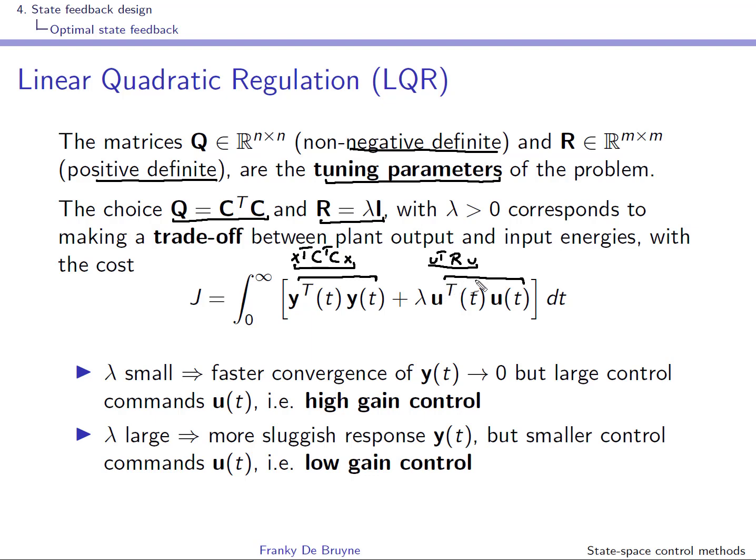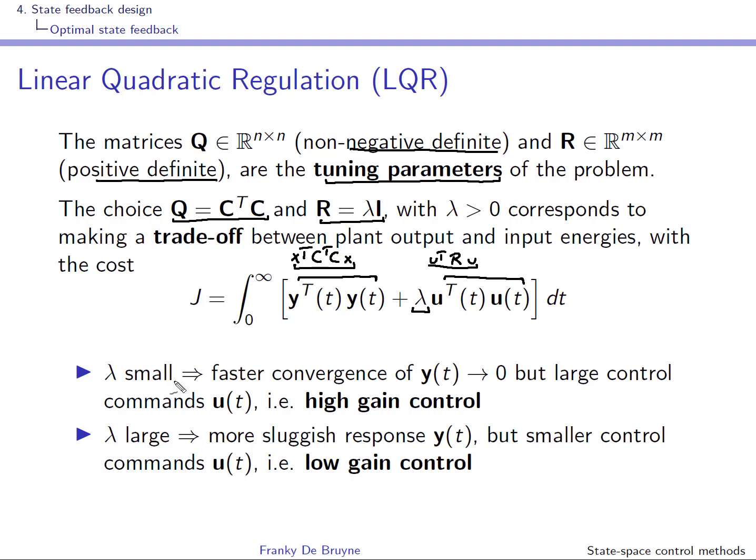So here it's the control energy, and here it's the output energy, and you can quite easily see that lambda here kind of allows you to make a trade-off.